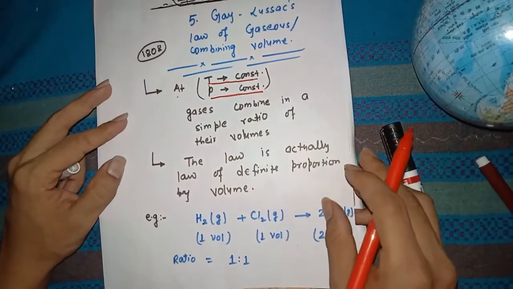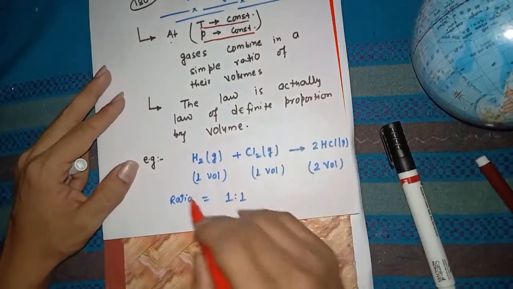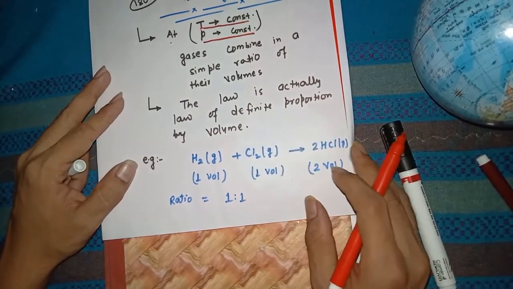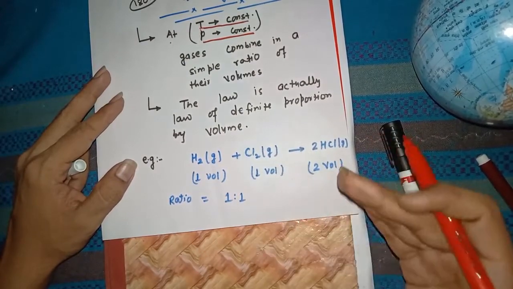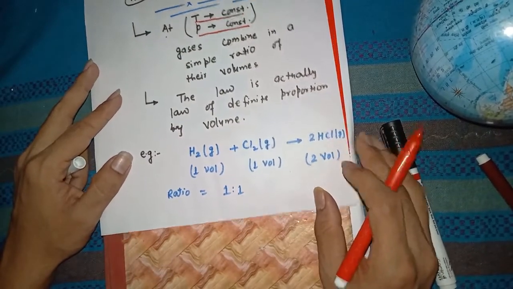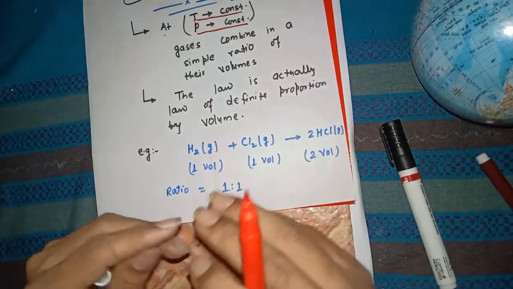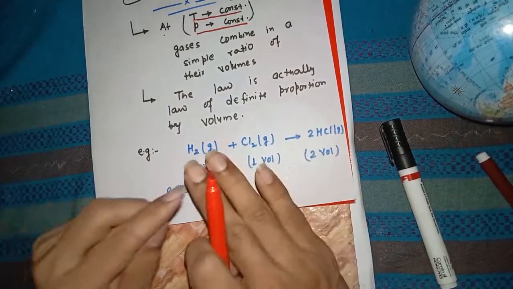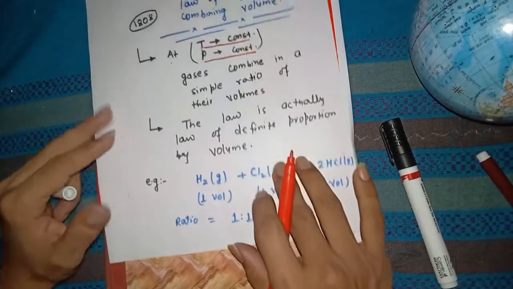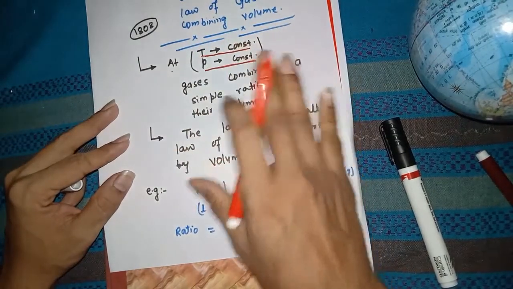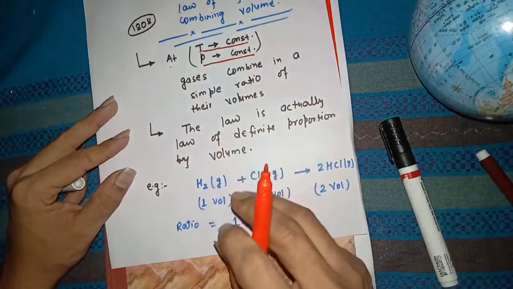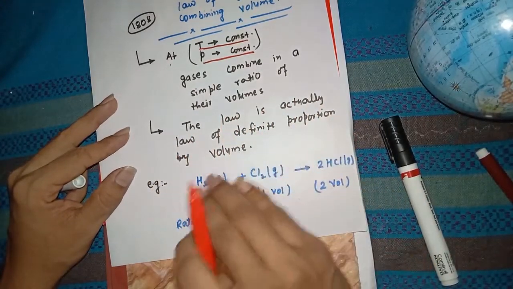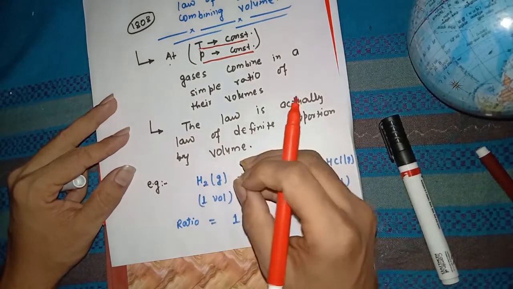Here I am giving you an example: if hydrogen gas and chlorine gas react with each other in favorable conditions, they produce HCl, hydrochloric acid. The main point to consider is that every species must be in gaseous form, because this is the law of gaseous volume or law of combining volumes. That means you have to consider all the reactants and products in gaseous form. It is a necessary condition.